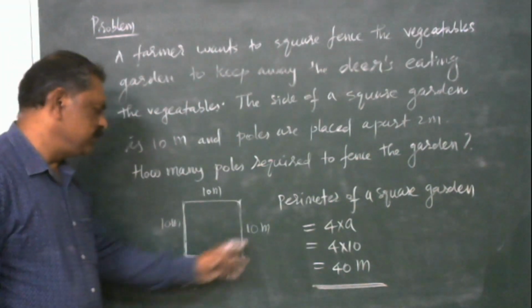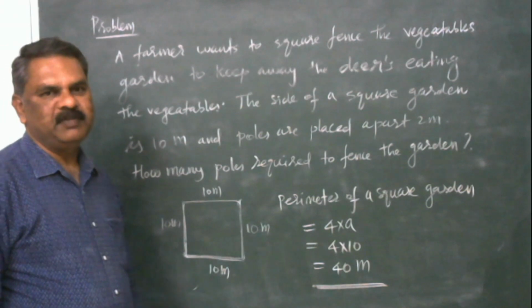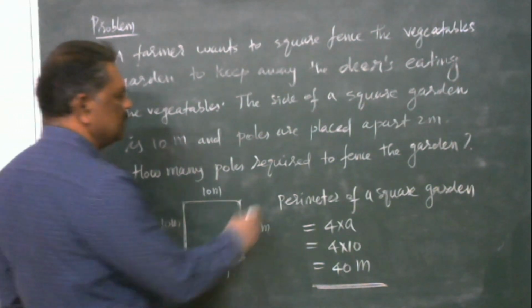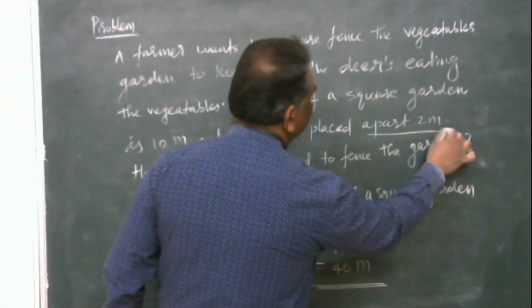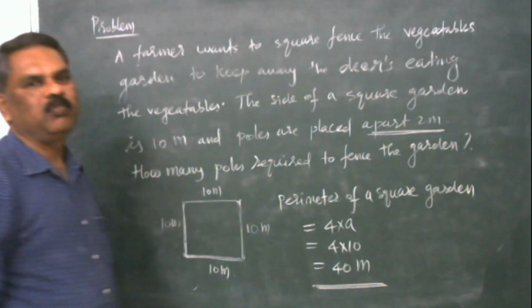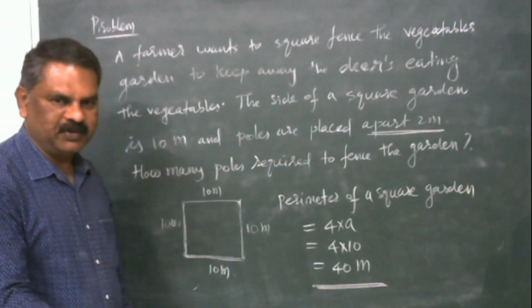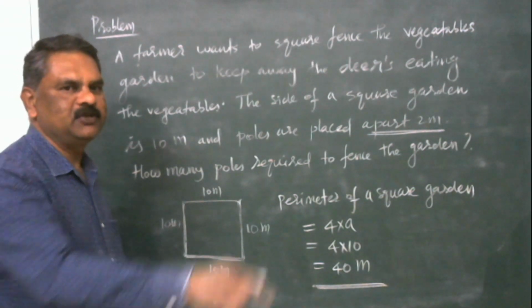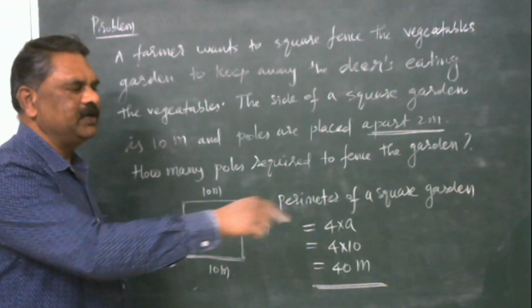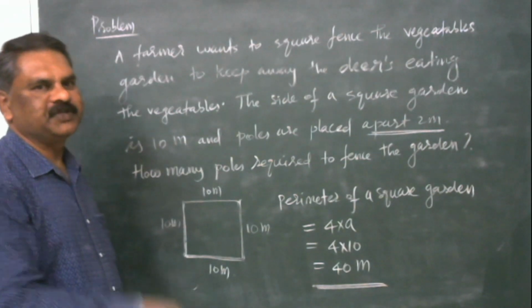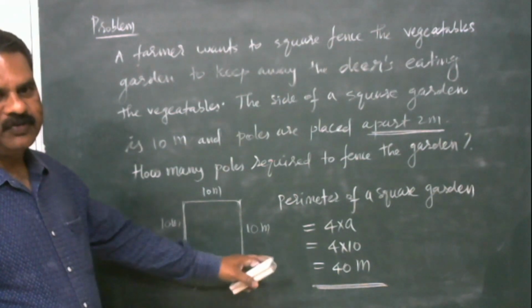So the boundary of the square garden is 40 meters, and poles are placed 2 meters apart. Every 2 meters, one pole we need to fix. Measure 2 meters, fix a pole. Measure 2 meters, fix a pole, until the last 2 meters, fix a pole.